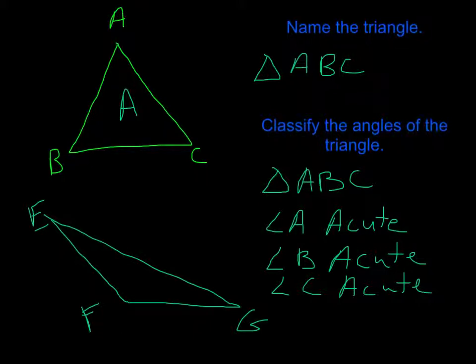Now, if I were going to classify our other triangle that I just drew in here, we'd have triangle EFG. And if I wanted to classify its angles, I could say, using our angle sign, angle E, which I could also write as angle GEF, would be an acute angle.